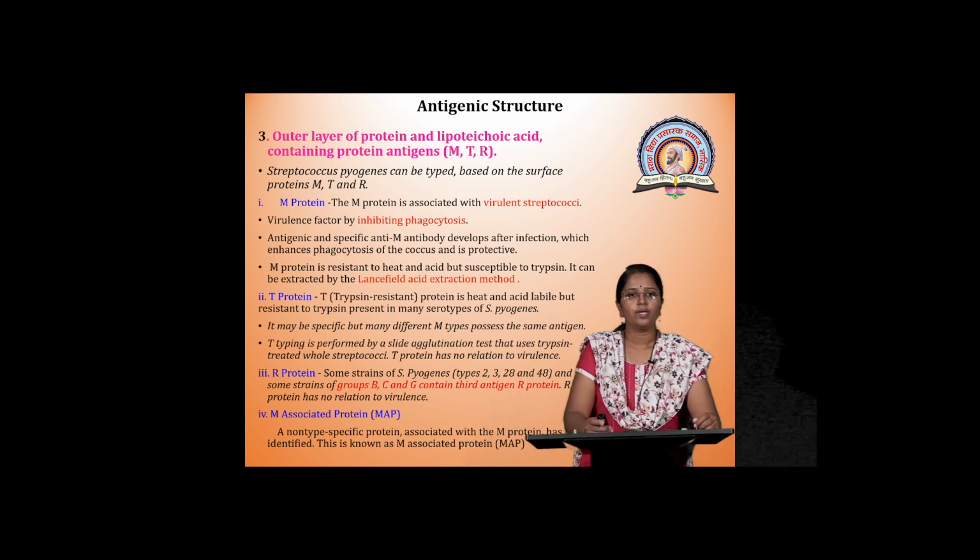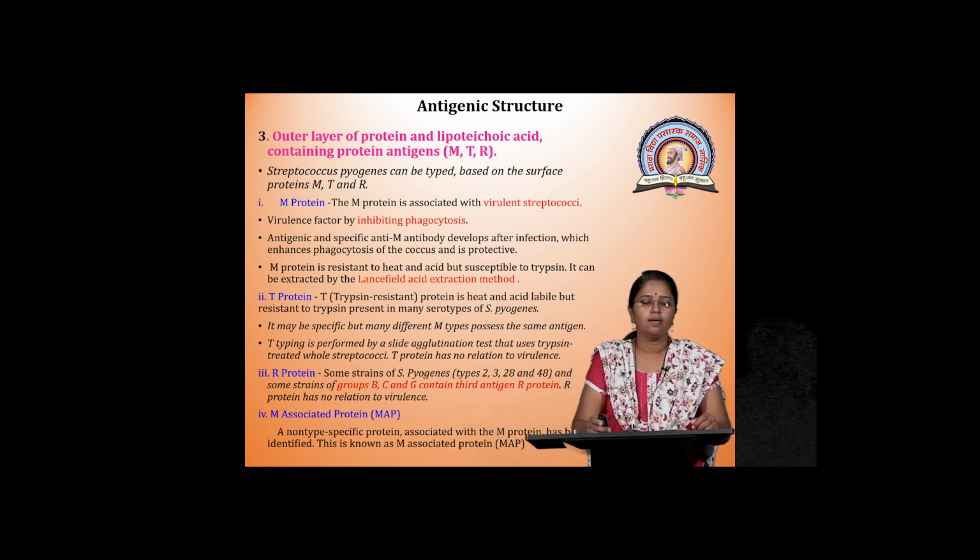The outer layer of protein and lipoteichoic acid contains the protein antigens M, T and R. So the outer layer of Streptococcus pyogenes mainly has three antigens: M antigen, T antigen and R antigen. M protein is associated with virulent streptococci and is a virulence factor by inhibiting phagocytosis.